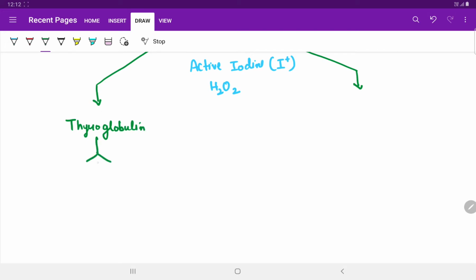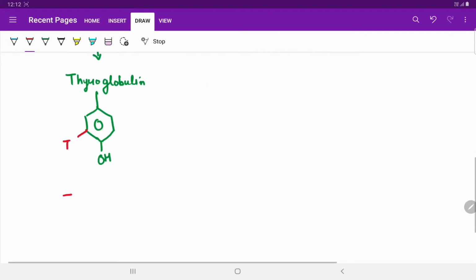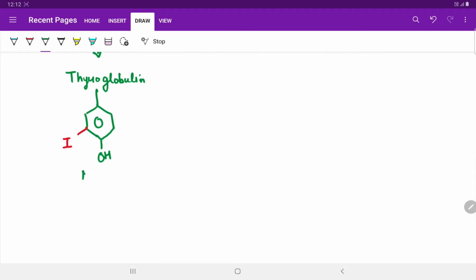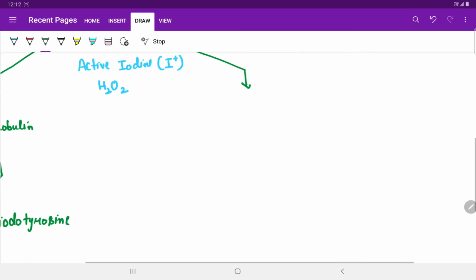So first will be the formation of monoiodotyrosine. Here is an attachment of one activated iodine molecule, and this is known as monoiodotyrosine. Whereas the second is formation of diiodotyrosine.